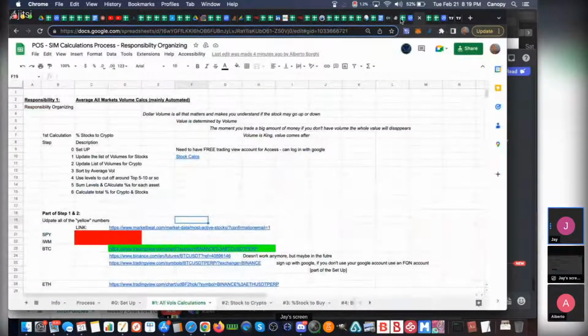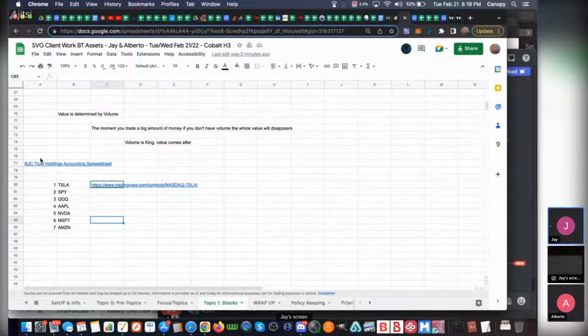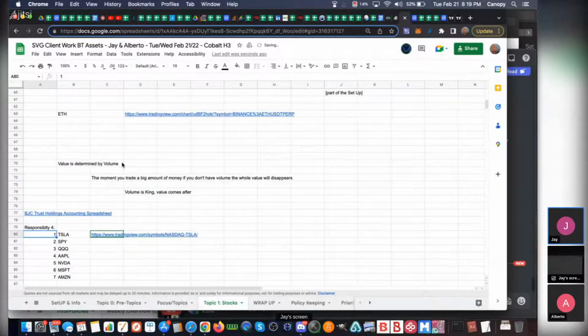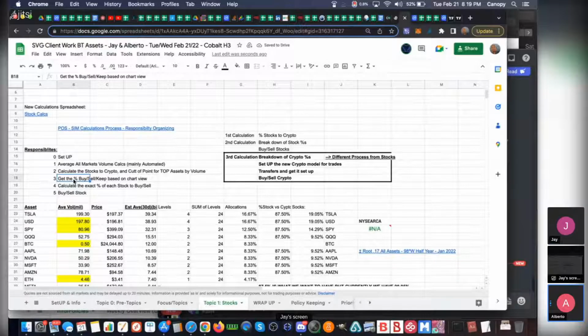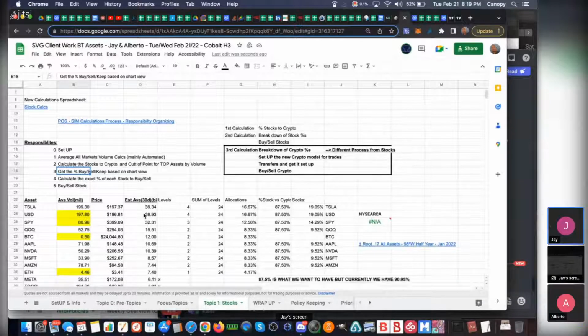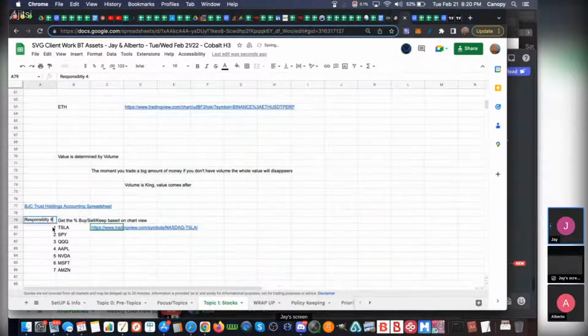All we're going to do for this particular responsibility, responsibility 3, is the percentages, and it's going to be from 0 to 100.